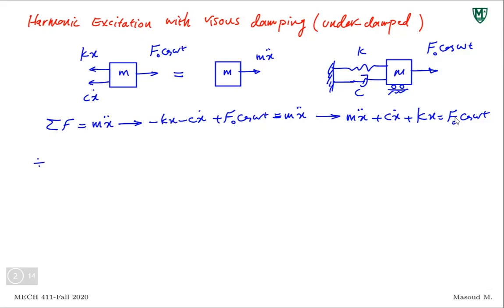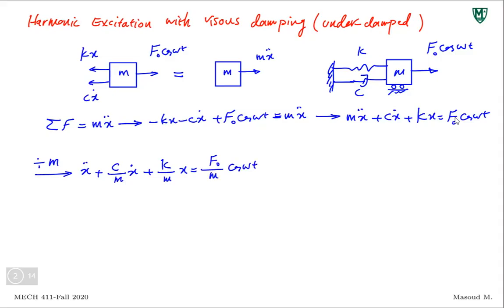Similar to what I did with the spring mass system, I'm going to divide both sides by m. This becomes x double dot plus c over m x dot plus k over m x equals F naught over m cosine omega t.